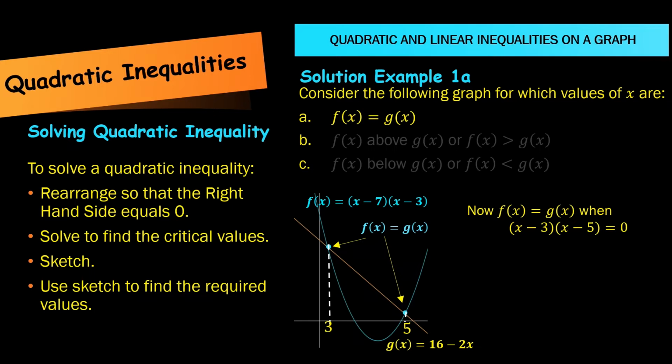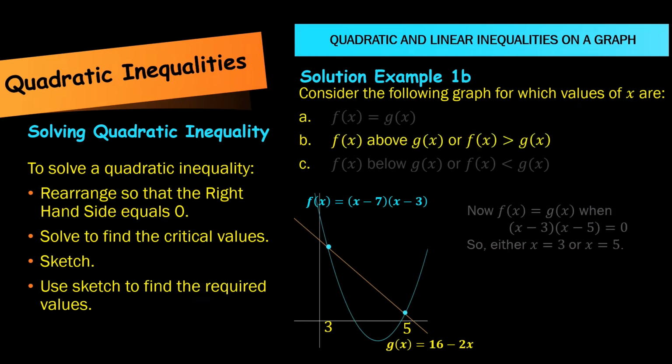So the point at which x minus 3 times x minus 5 is equal to 0 is either x equals 3 or x equals 5. And so we've solved example 1a. Now for example 1b.